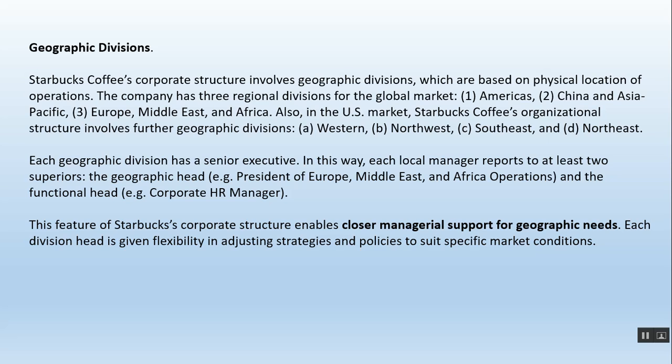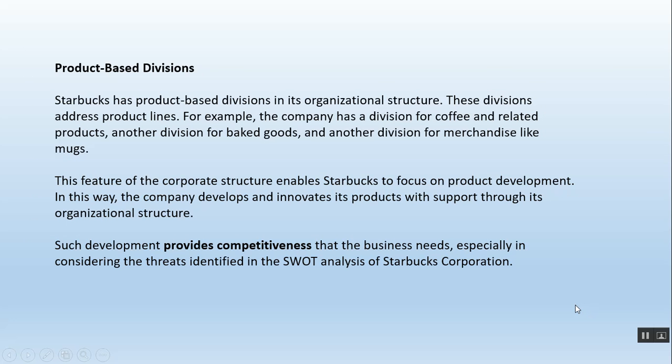Clients act differently in different countries across the world, so that need for sensitivity, at the management level, at the direct service level, is critical. And each division head is given the flexibility to adjust strategies and policies to suit a specific market.